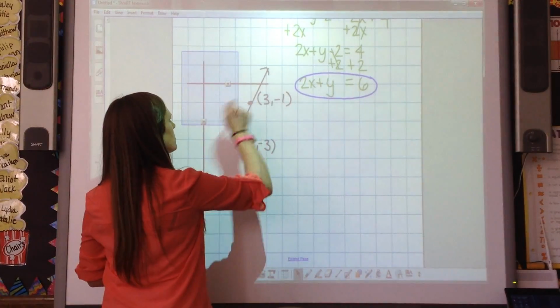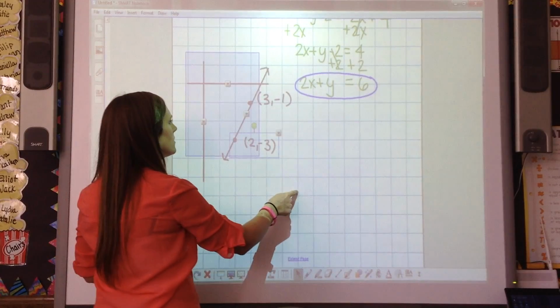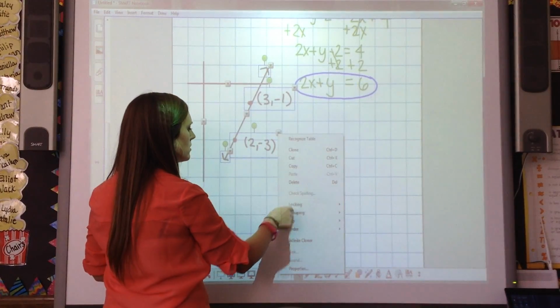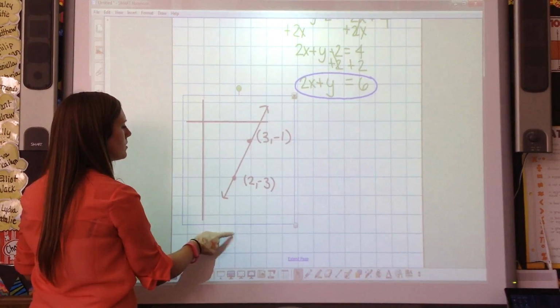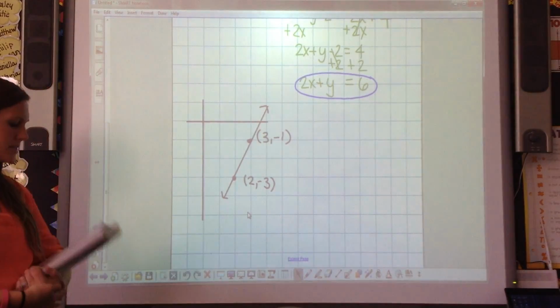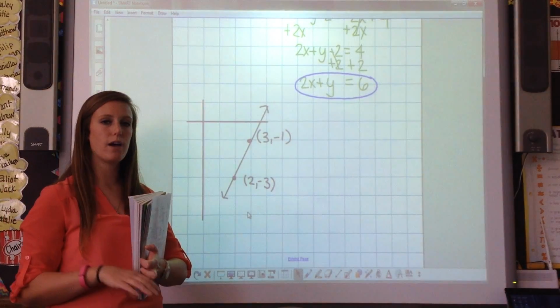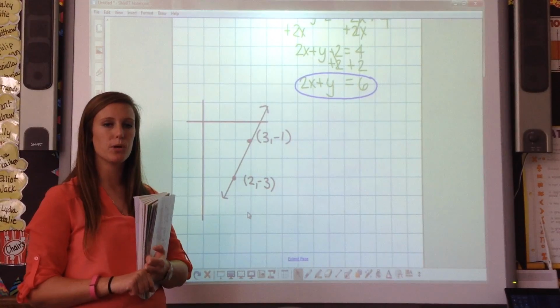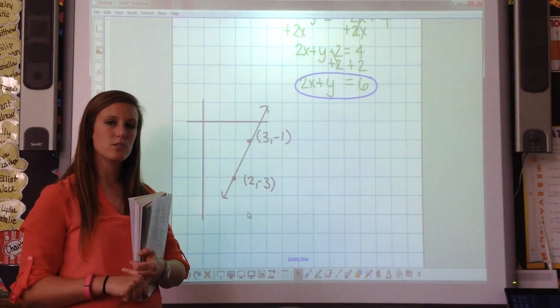Use the same steps that I did above. Find an ordered pair, find the slope, put it in point slope form, and transform it into standard form. Go ahead and push pause and try that now.